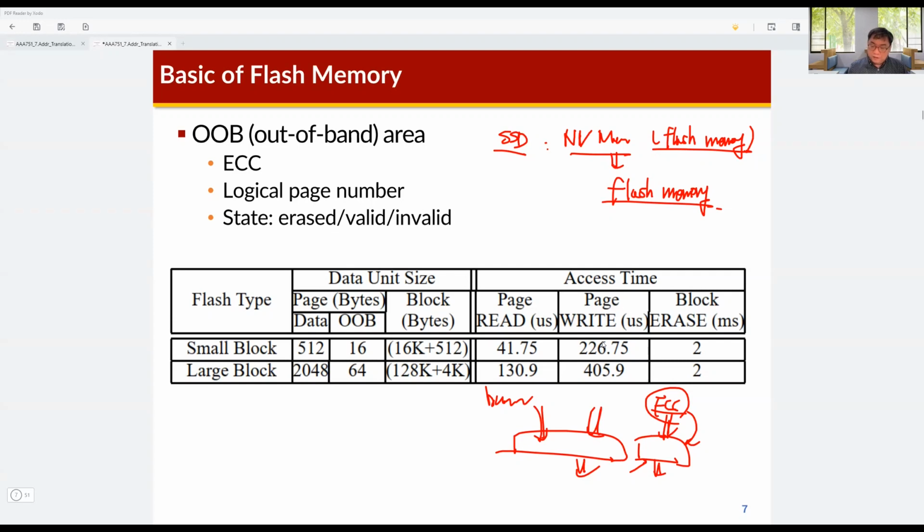And then actually this ECC area is called the out-of-band area, the OOB. And then this OOB includes the additional data such as the logical page number and then state of the corresponding page, the current page. So a flash memory page has the structure like this.